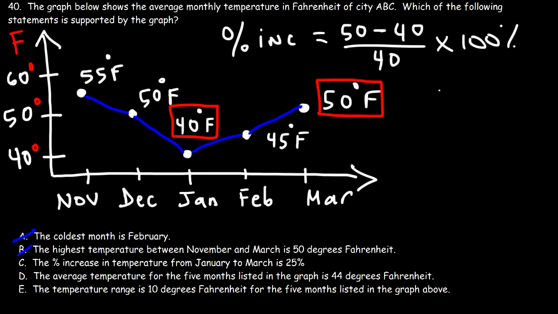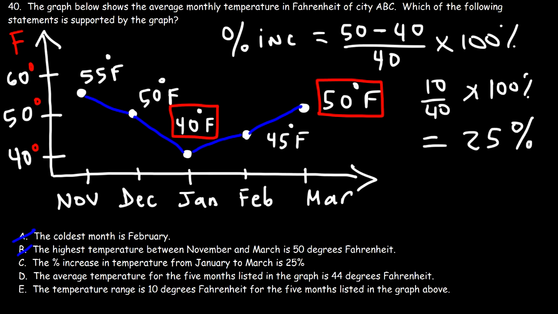Now 50 minus 40 is 10. And 10 divided by 40 is 0.25. 0.25 times 100% is 25%. So therefore, answer choice C is a true statement, which makes it the answer.